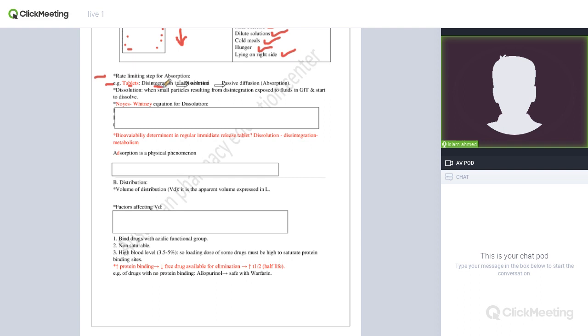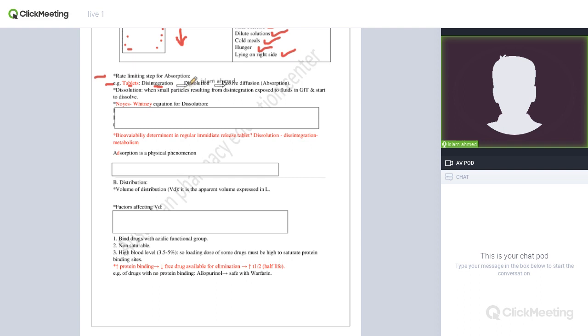The first one is the disintegration, which is the process of transferring from the compressed tablet to powder form. As we all know, the tablets are solid because of the hard compression, so the tablet requires a first process called disintegration, the transfer of the drug into a fine powder.